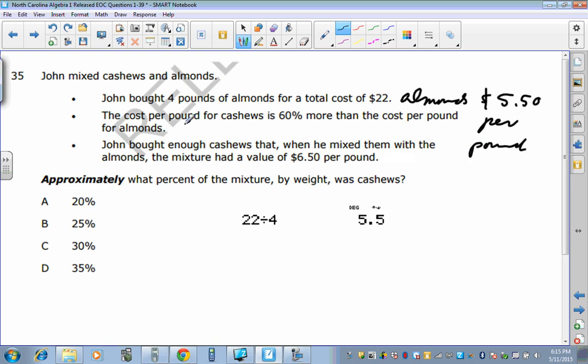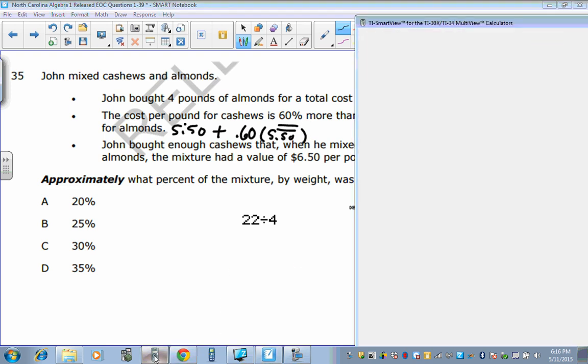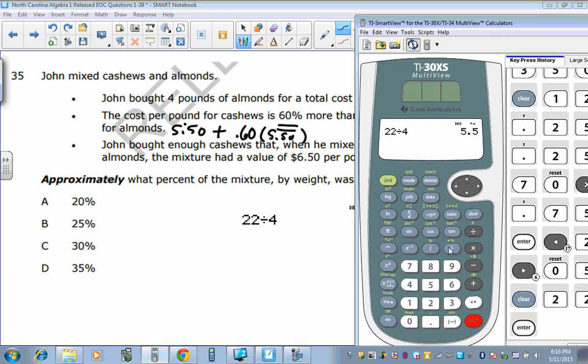Okay, the cost per pound for cashews is 60% more than the cost per pound for almonds. So in other words, they're going to charge you $5.50 plus 60% more. So back to our calculator. Almonds are $5.50.